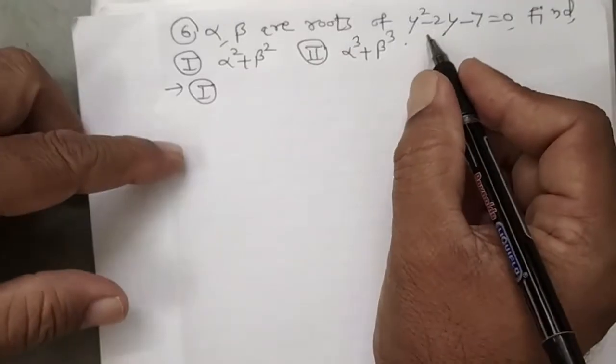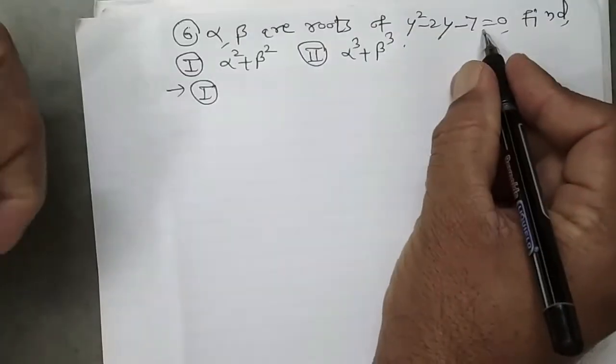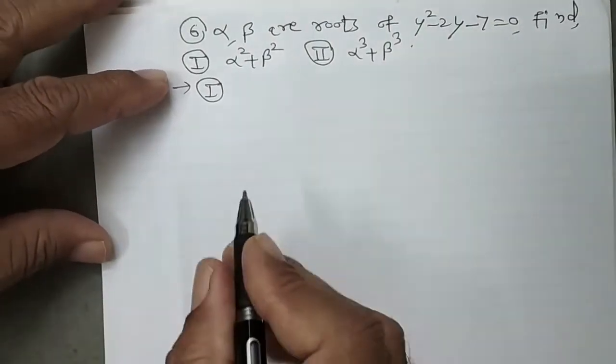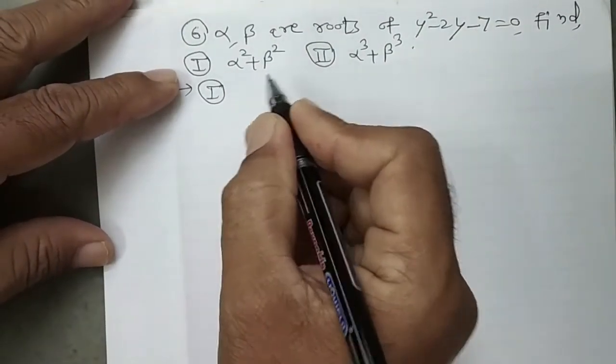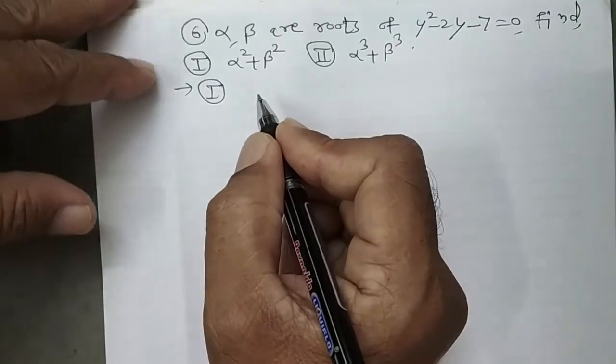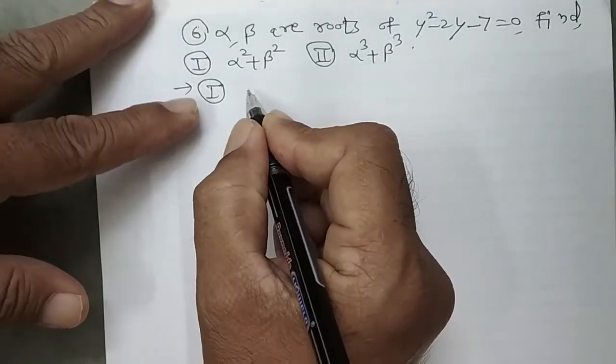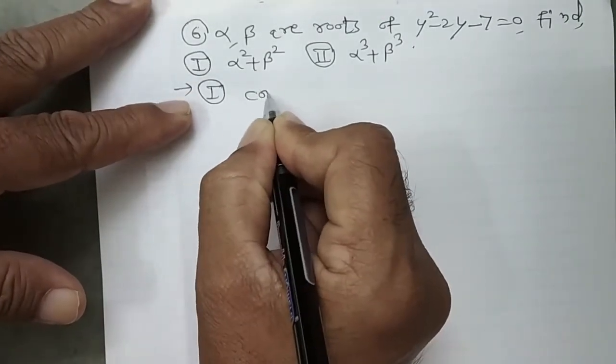Now we solve the first. We have given y square minus 2y minus 7, and by using this, first we find the values of a, b, c.